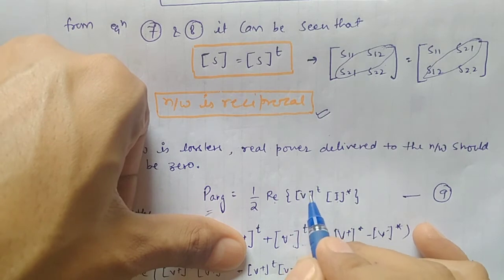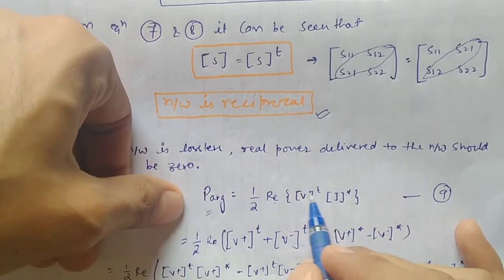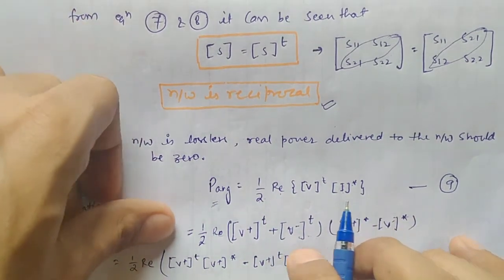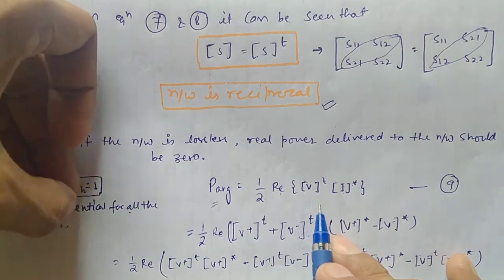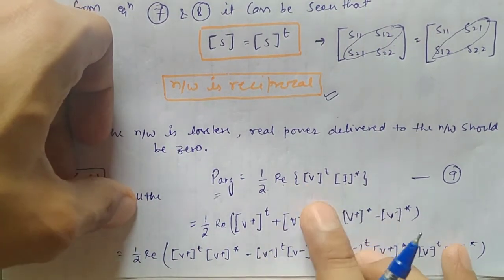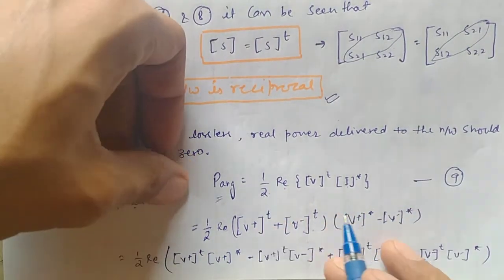So if I take the transpose of this voltage and multiply with the conjugate current, I will get the average delivered power. Here I have taken Z naught impedance as 1, that's why there is no role of impedance. Directly we are multiplying voltage and current and we are seeing the power.